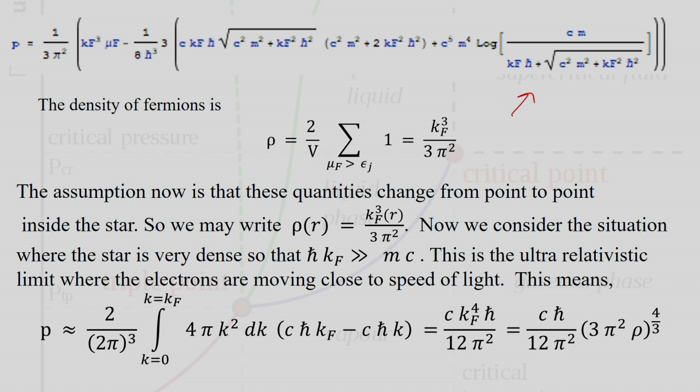So notice that this is in terms of the Fermi momentum or the Fermi wave number kF. The Fermi momentum would be h bar kF. However, it is more useful to rewrite everything in terms of the density of fermions, and as you know, the density of fermions is just given by the Fermi distribution. In this case, the Fermi distribution is a step function.